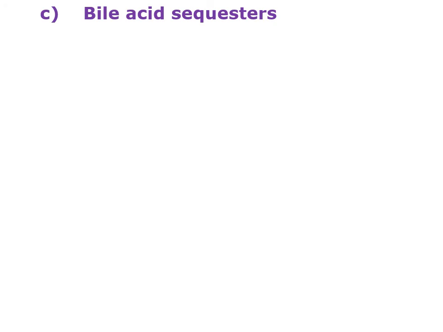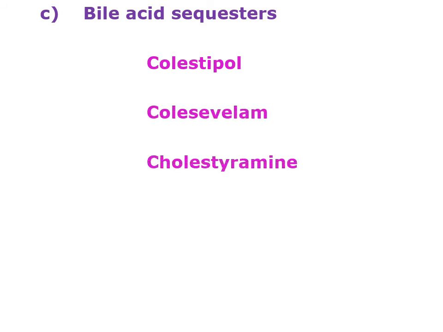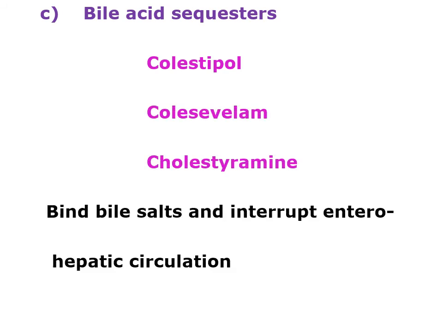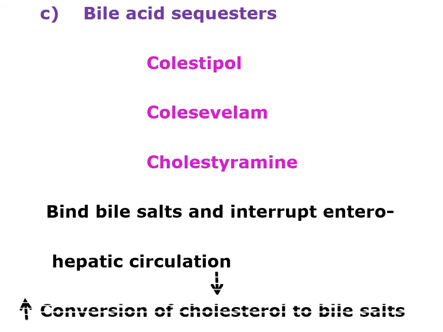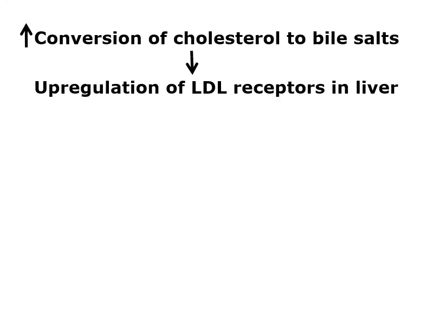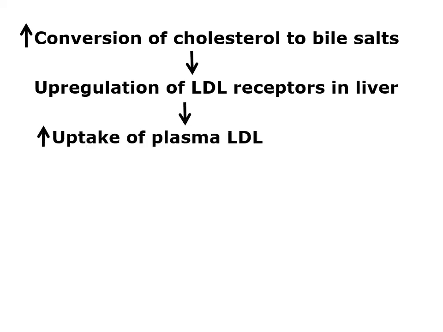The third one is bile acid sequestrants. These are cholestyramine, colestipol, and there are various drugs. They bind with bile salts and interrupt enterohepatic circulation, so they are called bile acid sequestrants. There is increased conversion of cholesterol to bile salts, so there is upregulation of LDL receptors in the liver.